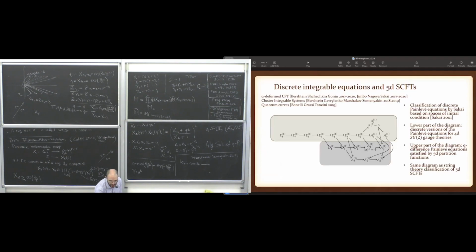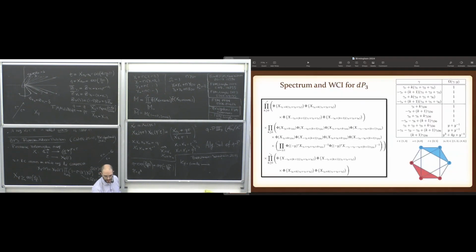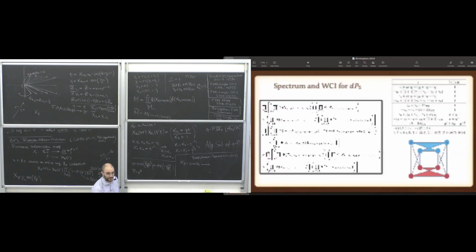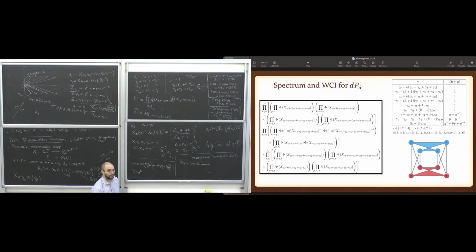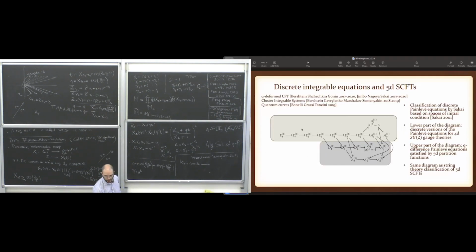So for del Pezzo 3 and del Pezzo 5, these symmetric subspaces, this symmetric region, exist, and you can write everything in the same manner. The upper part is 6, 7, 8.